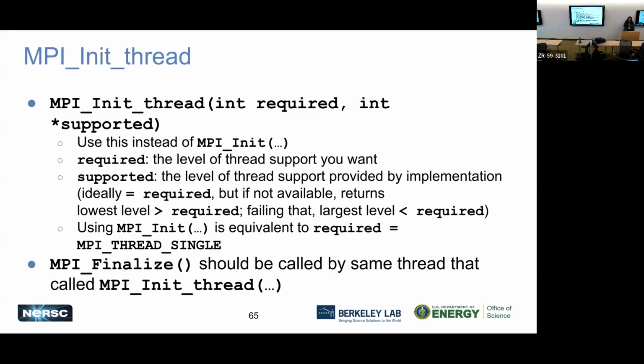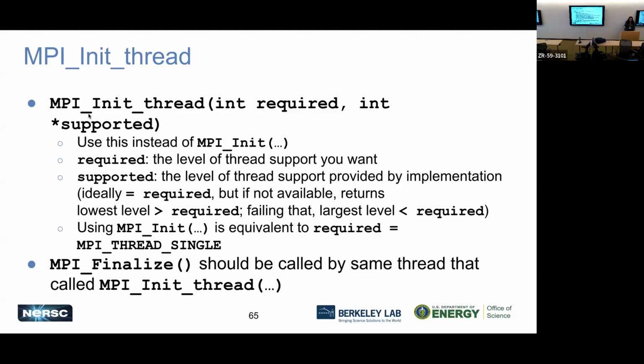Okay. So what is this function that I showed you? You remember when we did our other programs, we did MPI_Init, right? This is MPI_Init_thread. It's similar to the other, but what it's asking for is required. So what is it that you need, that you're asking for?